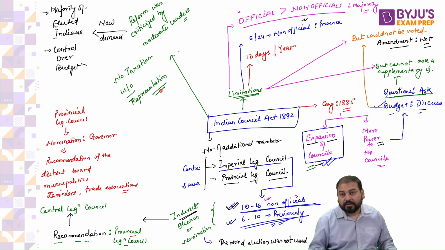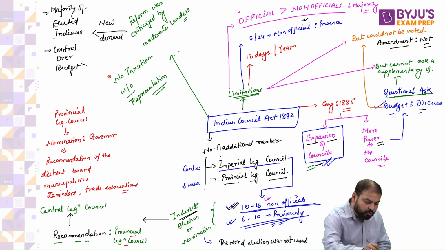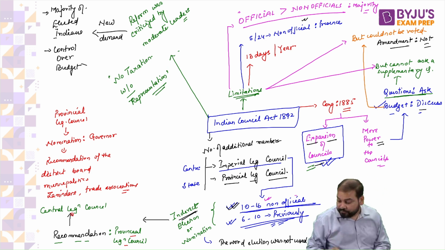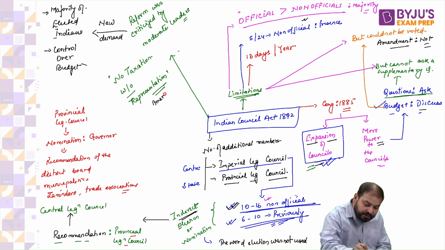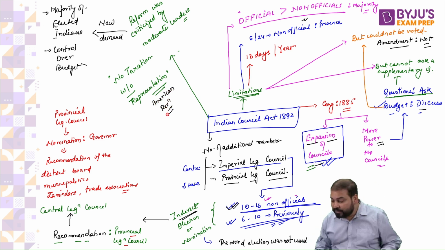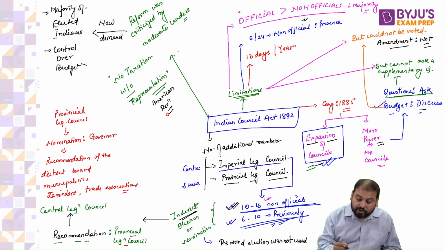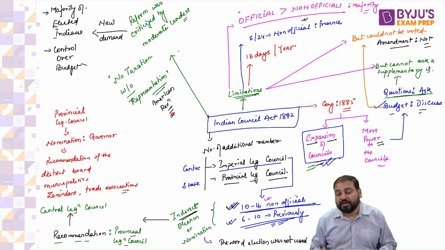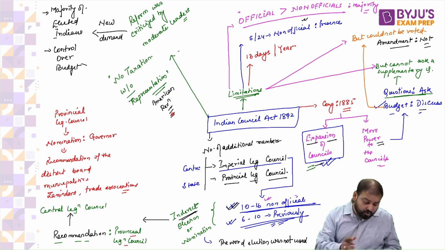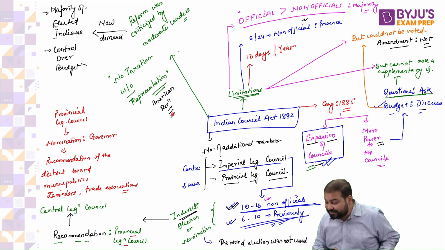That means, for those who don't have idea, and you will study this in your world history, in American Revolution, you will study that only: don't put taxes on us till you give us representation. Right now, you don't give us representation. That's why you have no power to tax us.